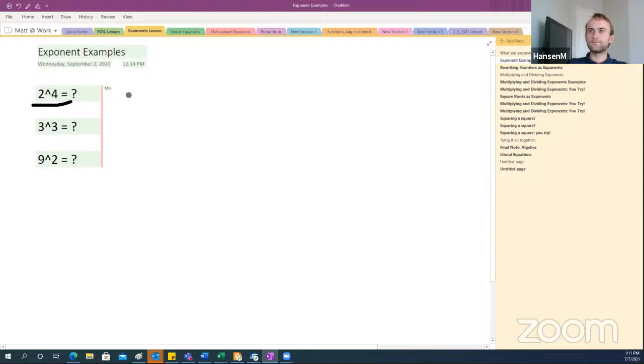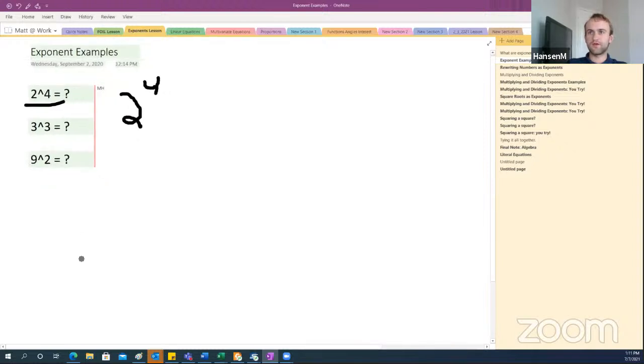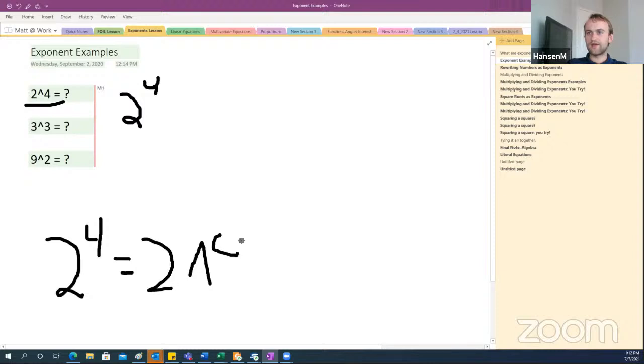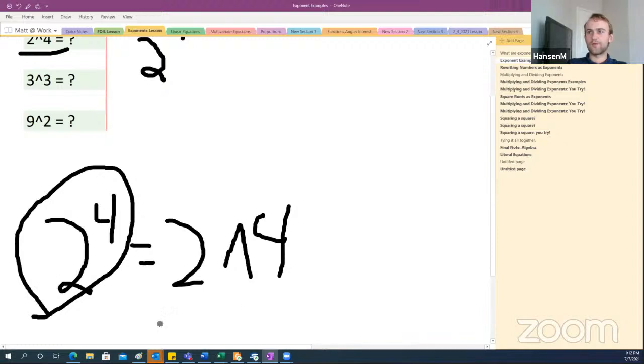So 2 to the 4. This caret is also exponent notation. Let me mention real quick that 2 with the little 4, the exponent term, is the same thing as saying 2 caret 4. Usually in class, you're probably going to see it written with the little number to the upper right.